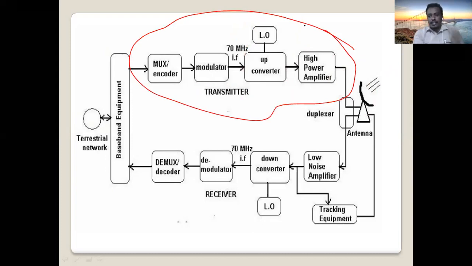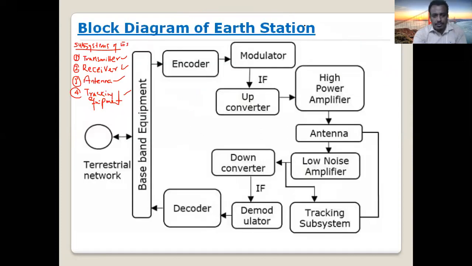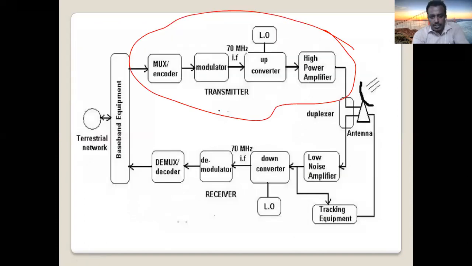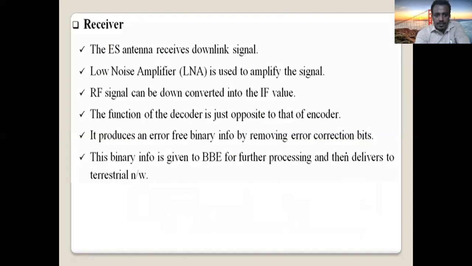So earth station, how many subsystems? We have discussed 4 subsystems. So we have seen now the first one, the transmitter. Next, the subsystem for earth station is the receiver part. Here, on the receiver part, the earth station antenna receives the downlink signal.